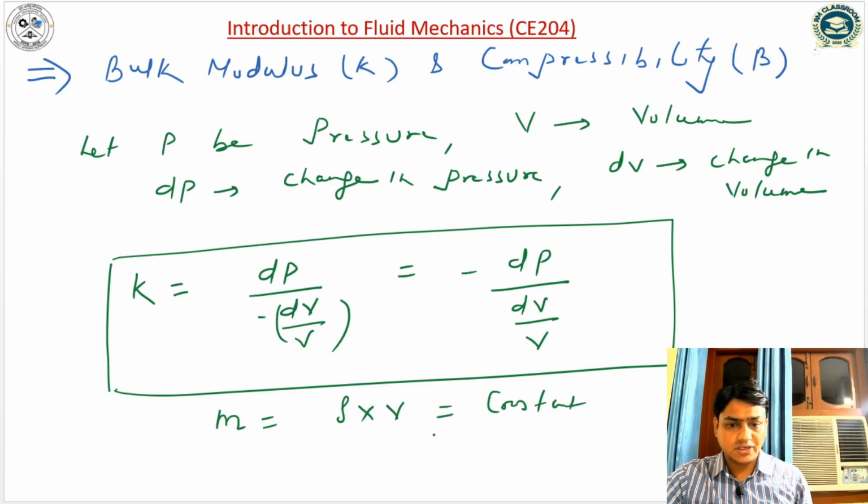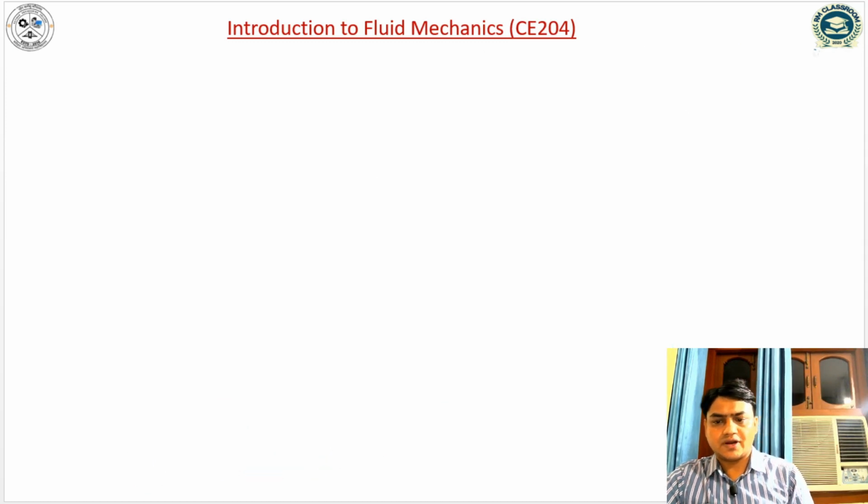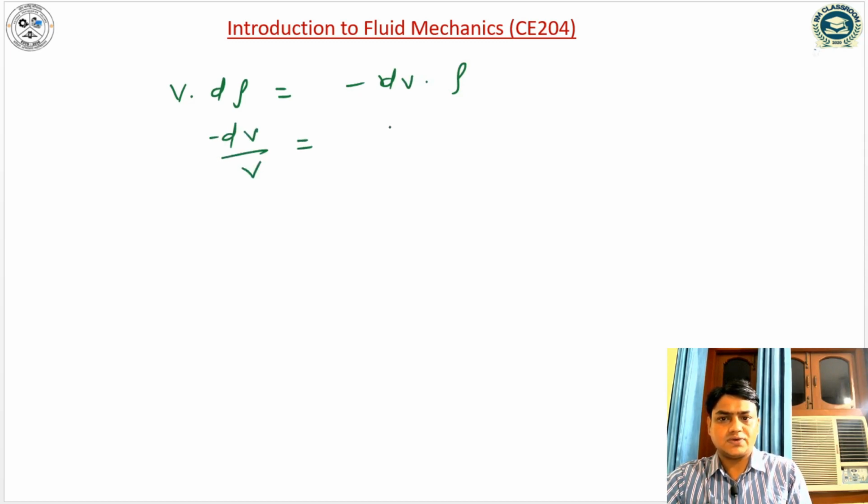If I differentiate, it will be d rho into V plus V into dV into rho is equal to 0. So V into d rho is equal to minus dV into rho. So we can write minus dV by V is equal to d rho by rho.